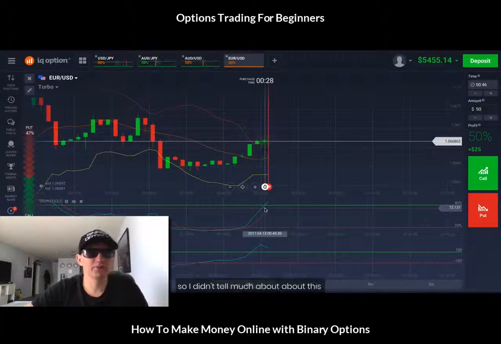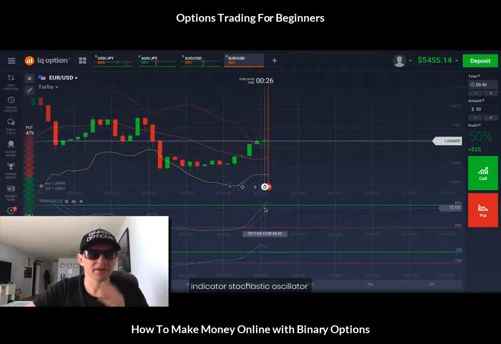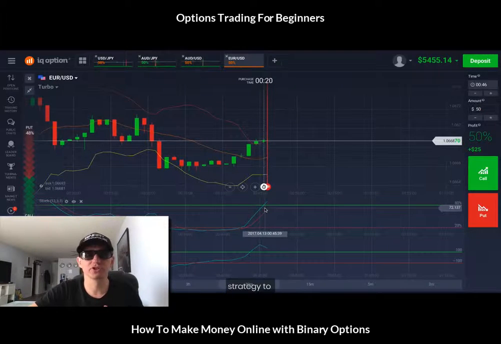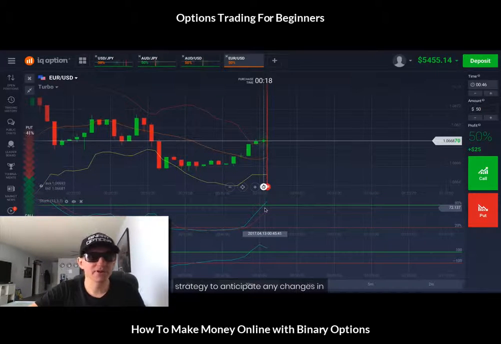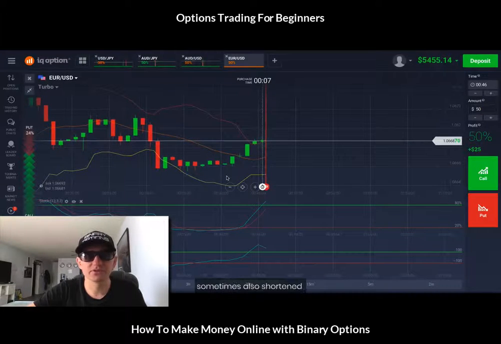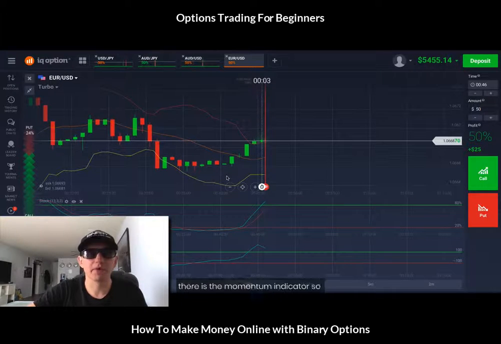So I didn't tell much about this indicator. The stochastic oscillator can help traders with the trend-based trading strategy to anticipate any changes in price directions and generate trading signals. The stochastic oscillator, sometimes also shortened as K and D, is a momentum indicator.